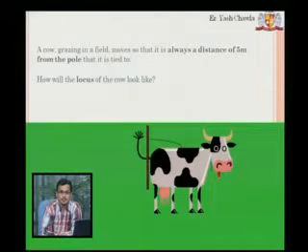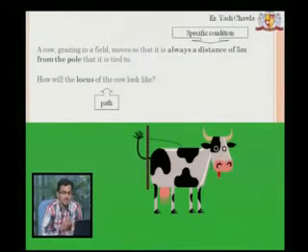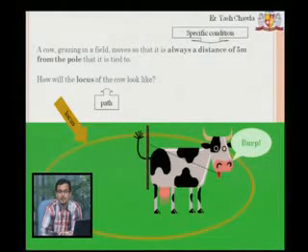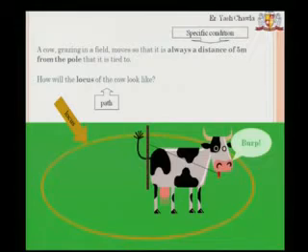The necessary condition is that it should follow a particular path, and the given specification is that its distance should always be 5 meters from the pole, because the rope that has been tied will not allow it to go further than that. So then what will be the locus? This will be the locus. It will be a circle of 5 meter radius.